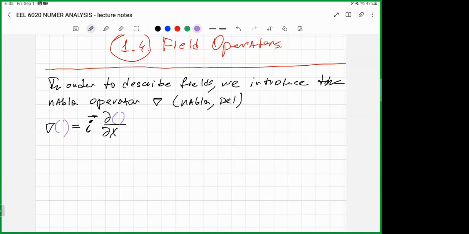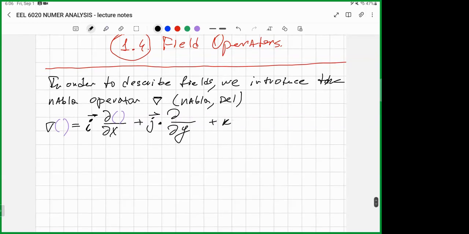It's always applied on something, on some function, some vector, and that's why I put this empty parenthesis there. And the same term for the j. So j vector times partial derivative by y, and finally k partial derivative by z. And again, we have to plug in something into the empty parentheses.